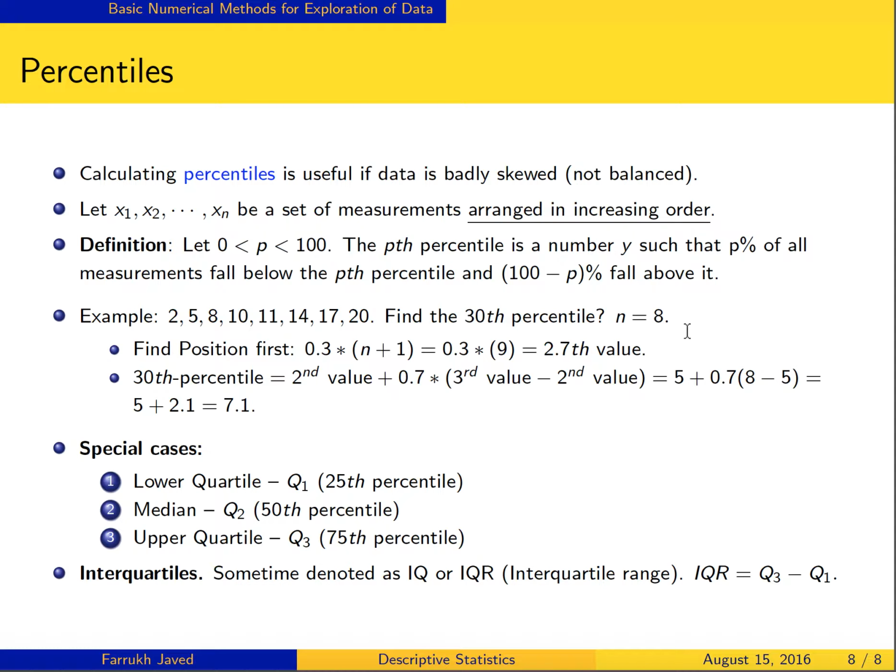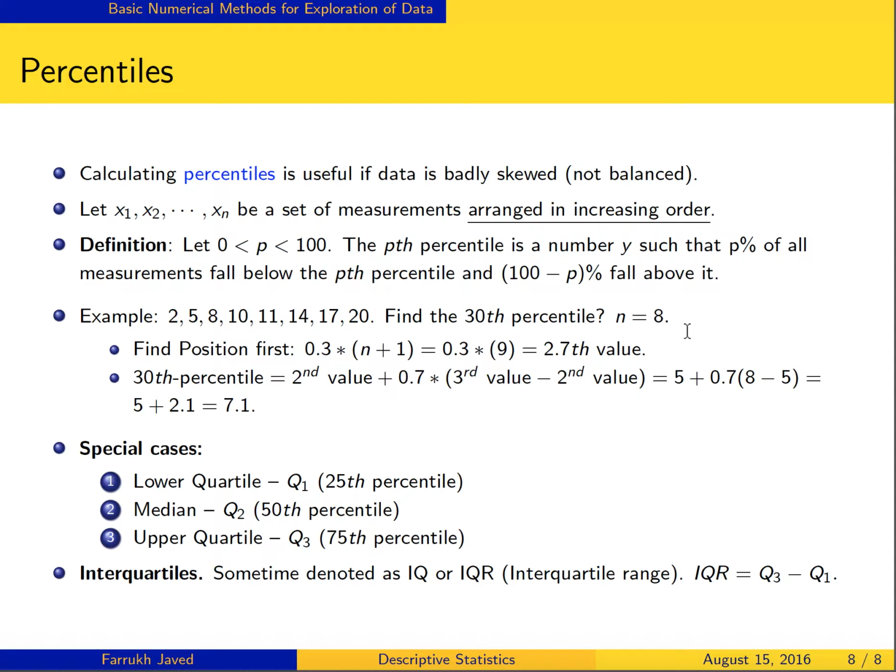Now we will work it out. The 2.7th value is bigger than the second value, so we say second value plus something. How much bigger? 0.7 is the proportion, because that position is bigger than the second value by 0.7 units, so to say.